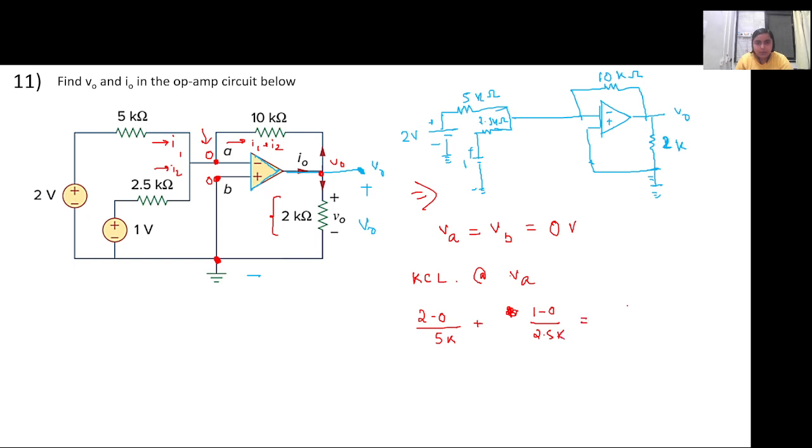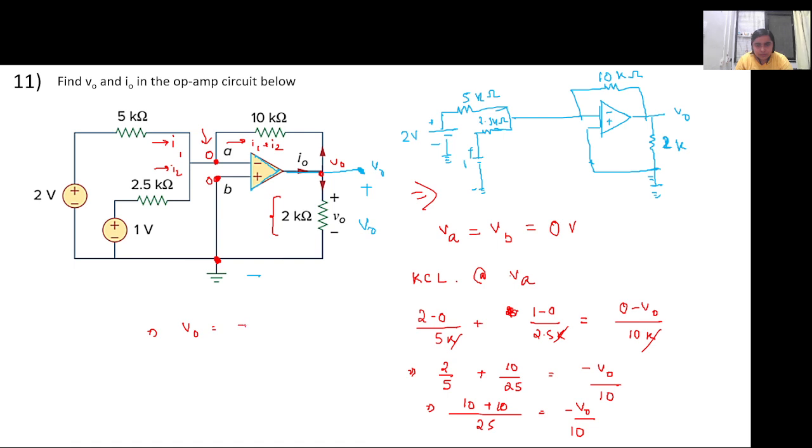will be equal to 0 minus V0 by 10k. I'm just writing in k, this is 10 to the power 3. So it is 2 by 5 plus, if I just remove the point, 10 by 25 will be equal to minus V0 by 10. 25 is the LCM, so this is 10 plus 10 over 25 equals minus V0 by 10.